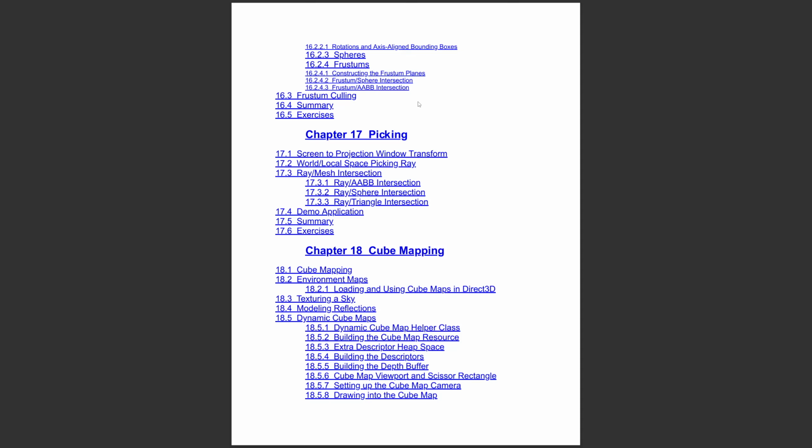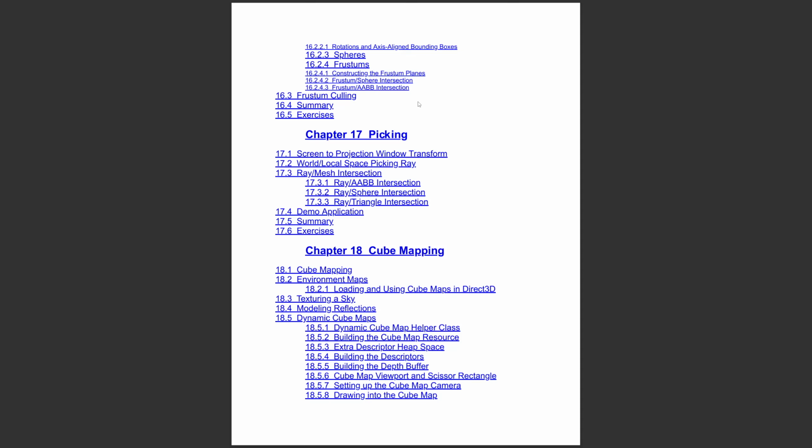So I wonder if picking is going to be selecting. If we're shooting a ray through the camera, or we click on the screen, we want to be able to pick an object. That's my idea. I may be completely wrong, but that's what I'm thinking picking is, not described just by the section titles.